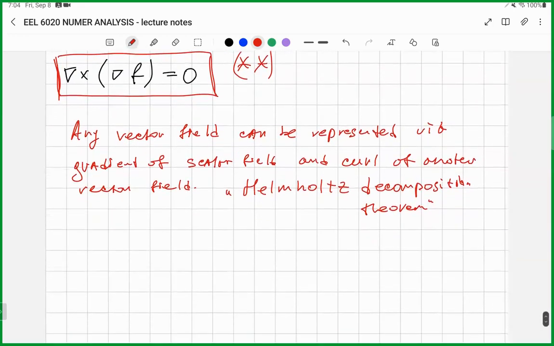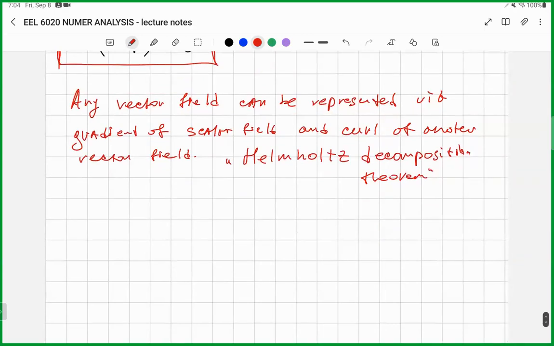And as you probably know or remember from basic physics, the electromagnetic wave is given by electric field and magnetic field, and magnetic field is given by curl of some vector potential, and the electric field is given by gradient of scalar potential.